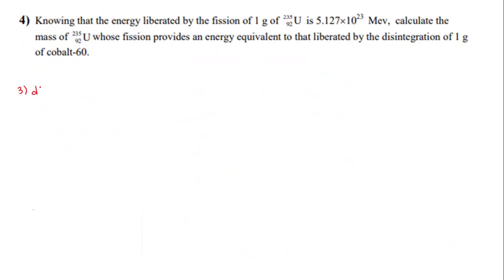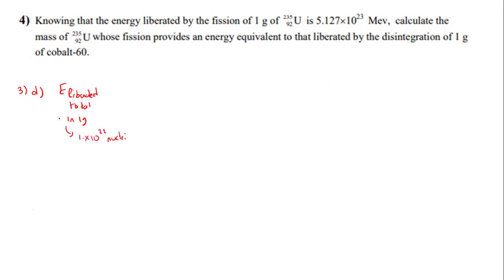So 3D. The total energy liberated: when I say in 1 gram, how many nuclei did this 1 gram have? It had a number, 1 times 10 to the power 22 nuclei.